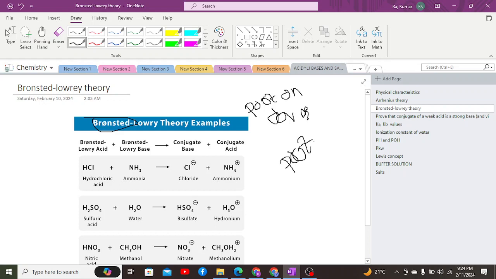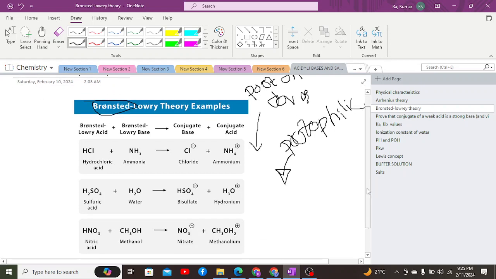Those substances which donate protons are known as acids, Bronsted acids, and those substances which accept protons or are proton lovers are known as protophilic or bases. So protophilic are bases, proton donors are acids.